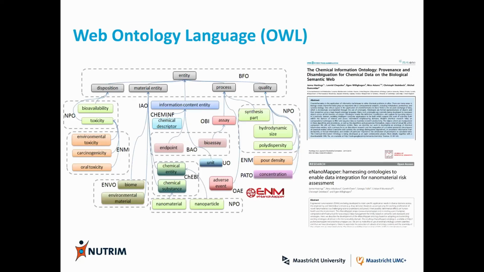So this is a diagram showing the structure of the eNanoMapper ontology, and it actually has components from many other ontologies. As you can see here, from the Chemical Information Ontology, BioAssay Ontology, GABI ontology, nanoparticle ontology, etc. So for a certain application, in this case in NanoMapper, the safety of nanomaterials, we can get those bits together.